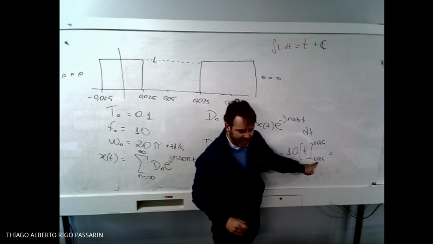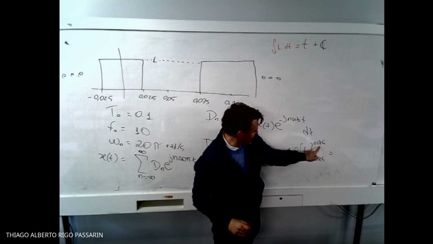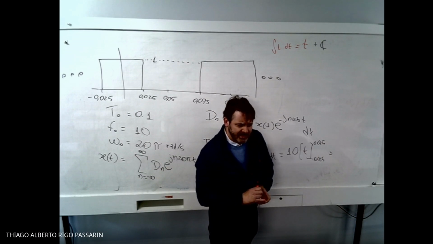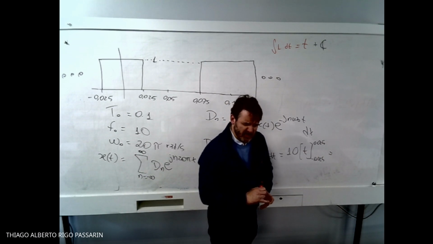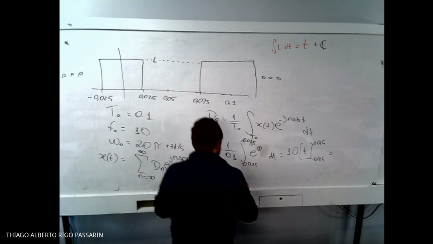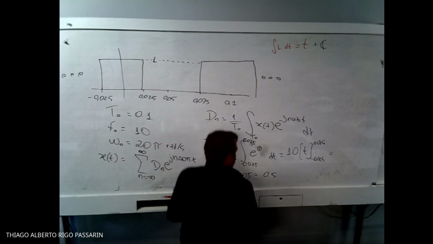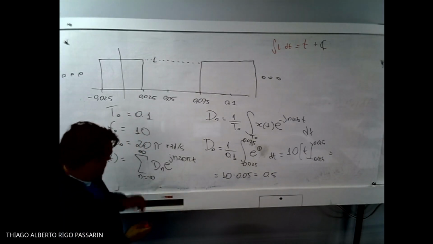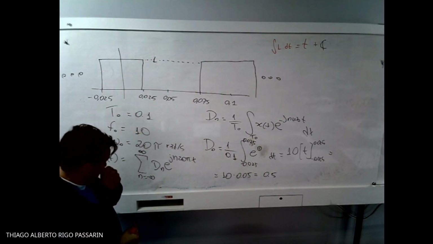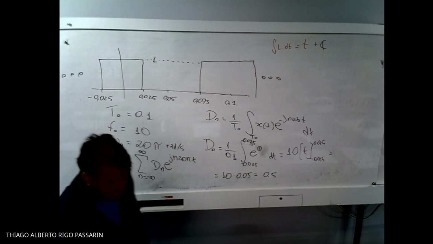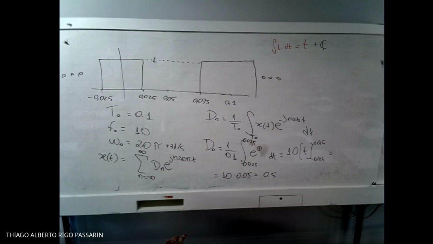It will be actually 2 times this, which will be 0.05. In the end, we have 0.5 as the coefficient for 0. Did we get that right? Yes, it's 0.5.